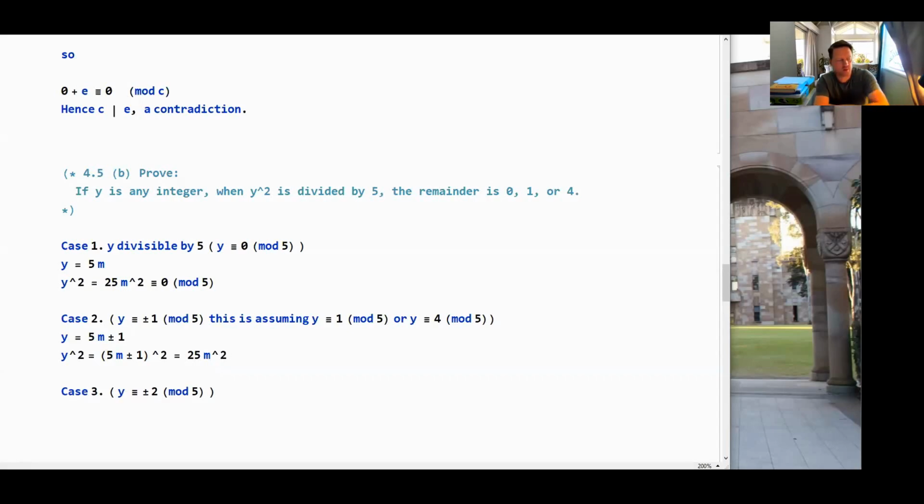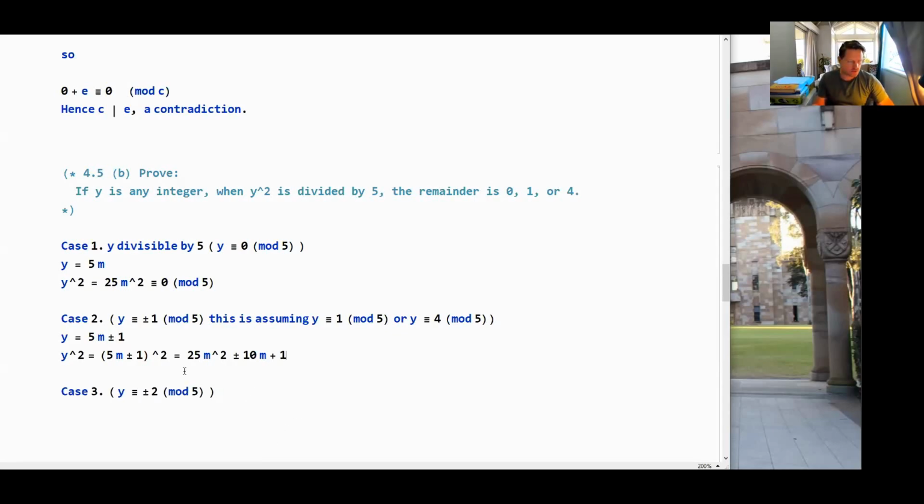Now we're incorporating both cases here. So we also need the plus or minus 1, and the signs match. When it's a plus, and when it's a minus, it's a minus. So we need a 2 times m times plus or minus 1. So that's 10m. Okay, and then plus or minus 1 all squared is just plain 1.